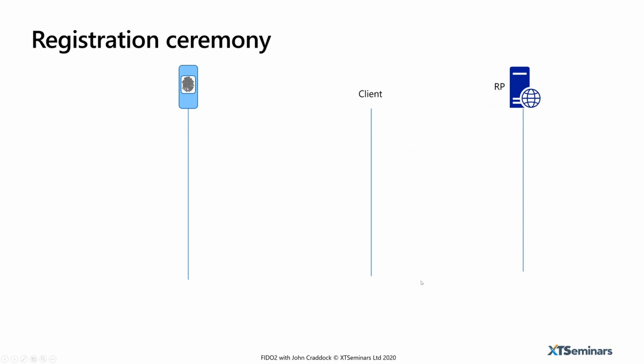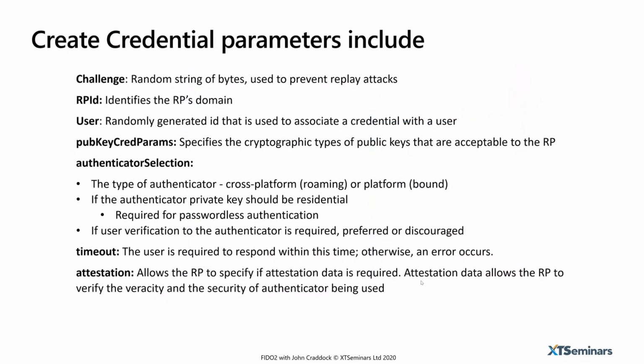So the first thing that happens is the client will talk to the relying party and say, hey, I want to do a registration. And the relying party will send back a create credential command. And that's fairly complex. There's a number of components, and this gives us the real power to the system.